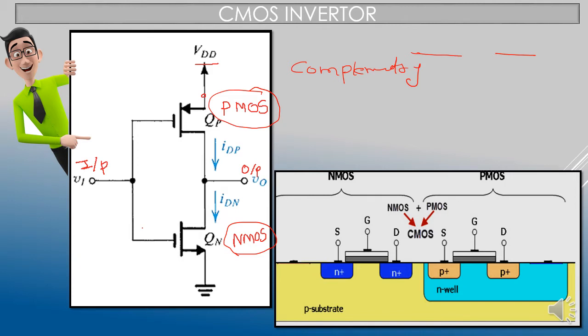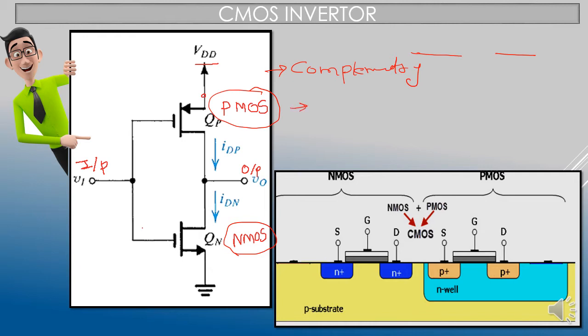Why complementary? When we use both types of MOSFET, that type of circuit is called a complementary circuit, because at a time only one MOSFET will be activated. That's why it is called complementary. Now we will discuss the operations in the next slides.